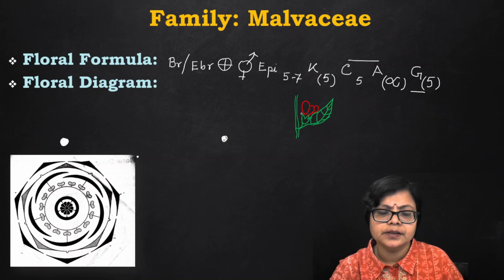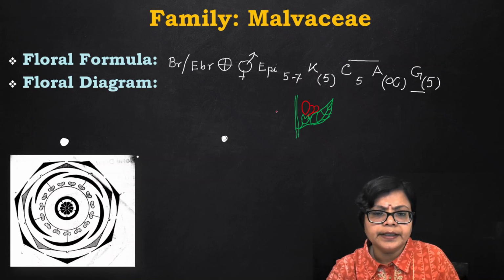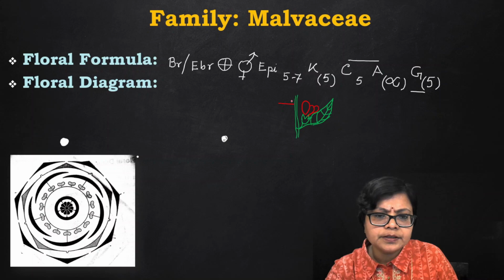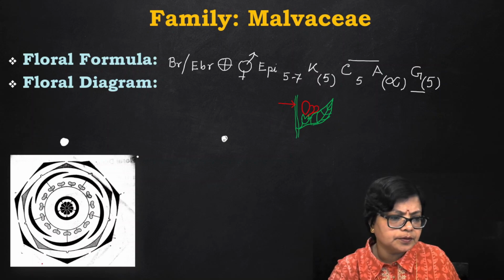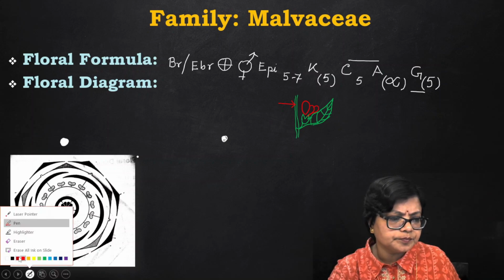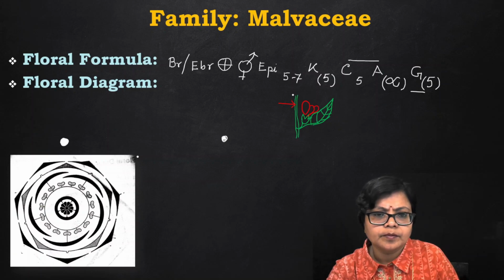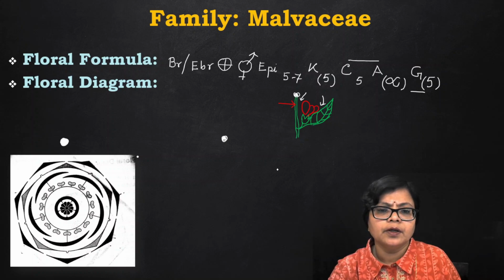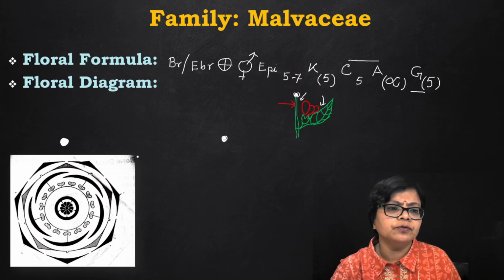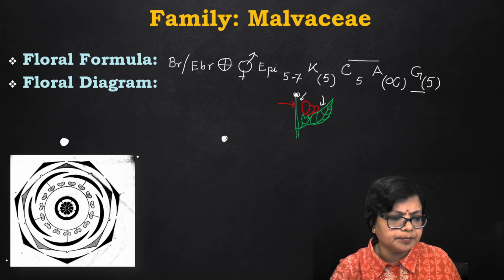This can be considered the mother axis. This is the posterior side of the flower, this is the anterior side of the flower. So accordingly we have to draw the floral diagram.